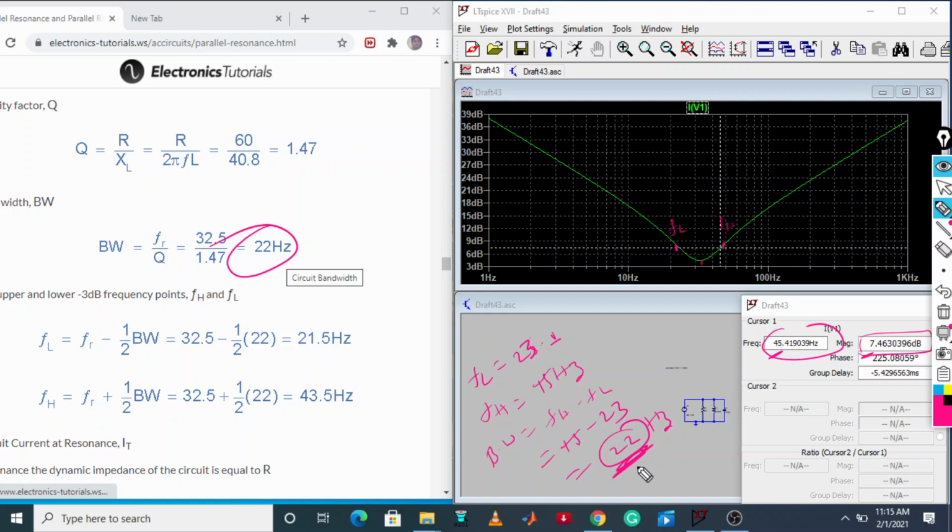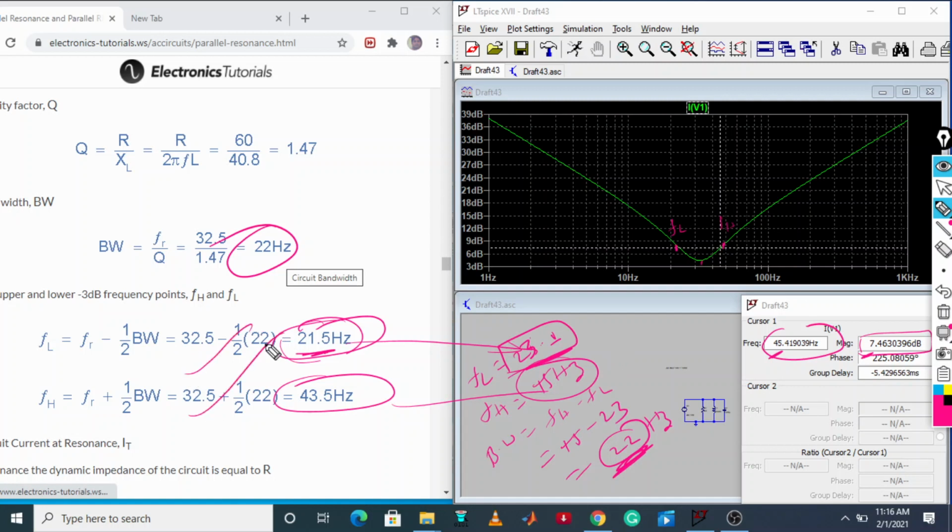If you see FL, it is 21.5 hertz, and what we have calculated is 23.1 hertz. If you do exact analysis, this will be almost matching. These are all comparable values, and FH is 43.5 hertz and it is 45, which is almost comparable. So from here we could find the value of bandwidth, FL and FH.